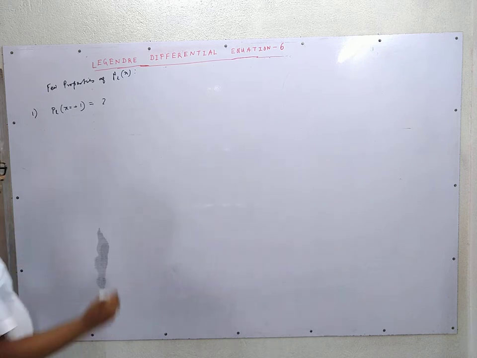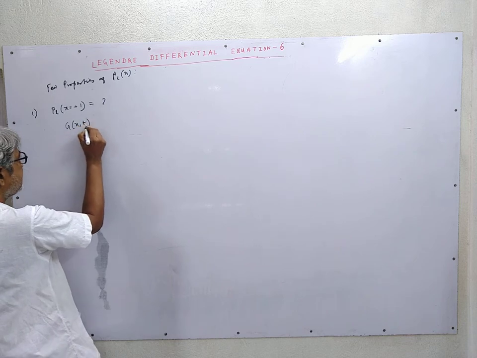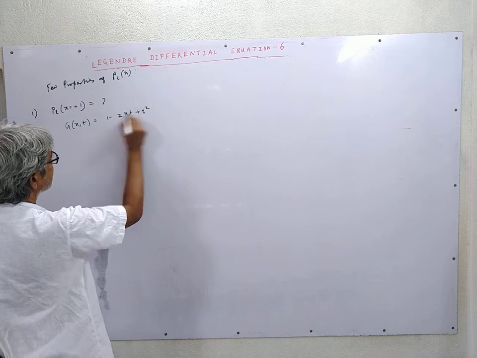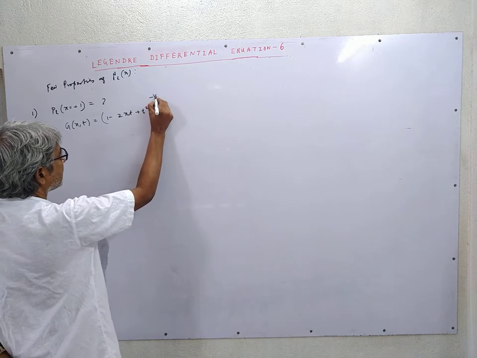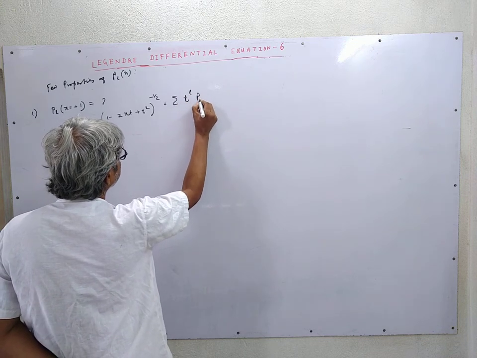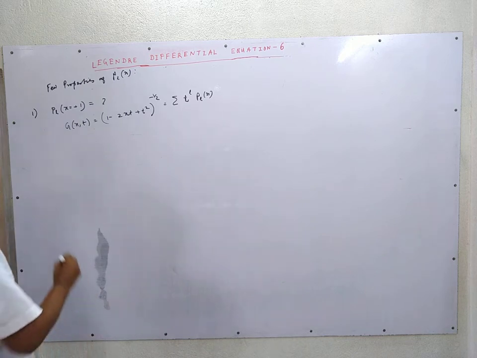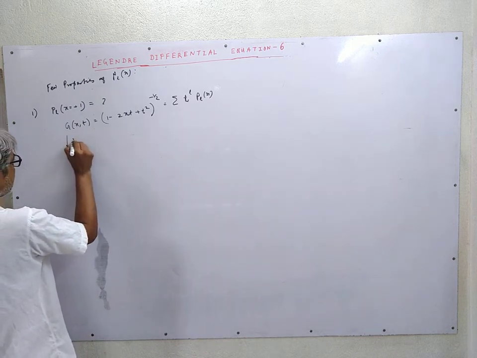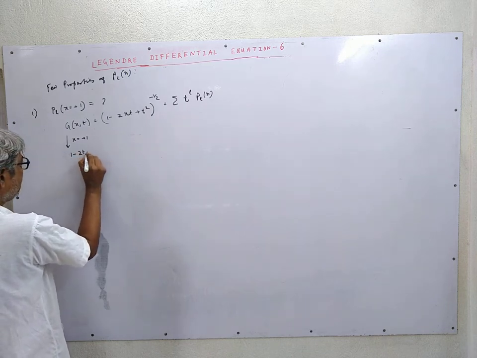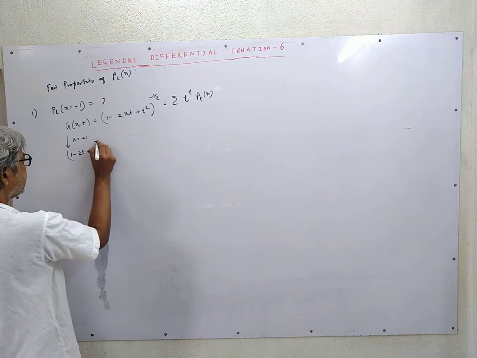Our starting point will be the expression for the generating function, g(x,t) = (1 - 2xt + t squared) raised to the power minus half, is equal to the sum of t to the power L P_L(x). If we put x equal to 1, the expression becomes (1 - 2t + t square) to the power minus half.